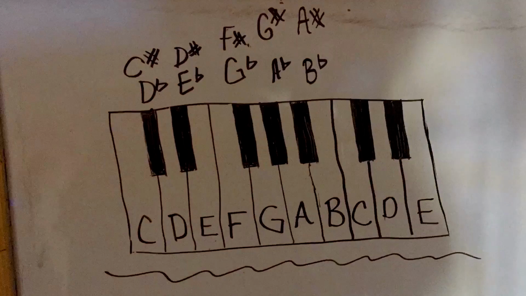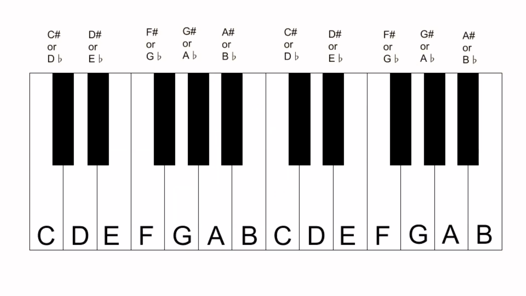So I'm just going to read its sharps first and flats next, going from left to right on the diagram: C sharp, D sharp, F sharp, G sharp, A sharp, and we're back to C sharp, and the pattern's repeating. Using flats, that's D flat, E flat, G flat, A flat, B flat, and then we're back to D flat, and the pattern repeats.